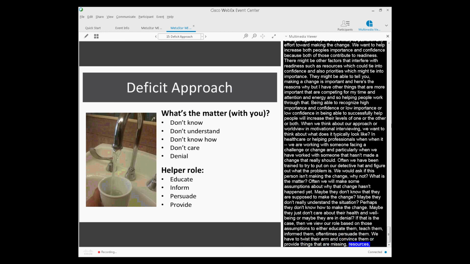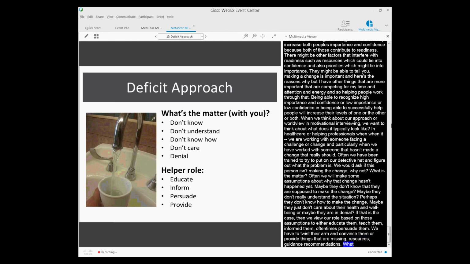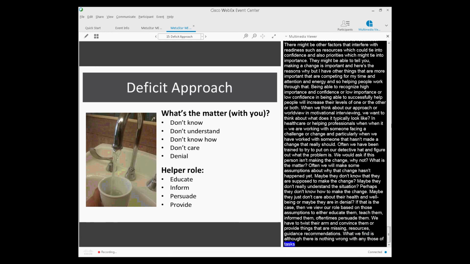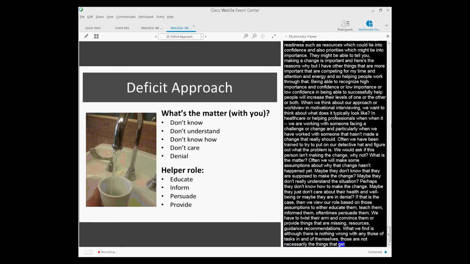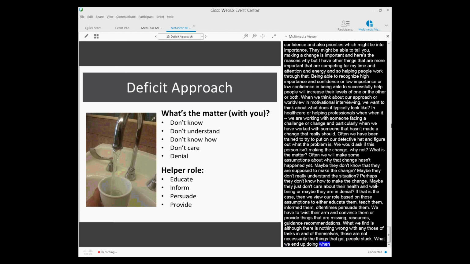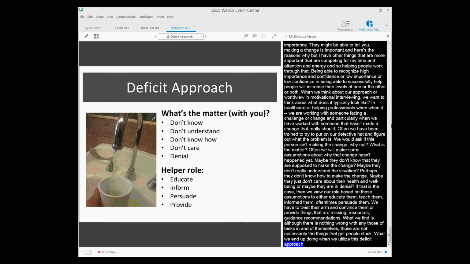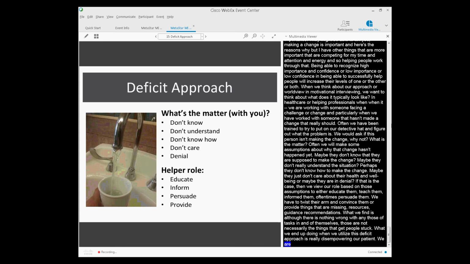And what we find is that although there's nothing wrong with any of those tasks in and of themselves, those aren't necessarily the things that get people stuck. What we end up doing when we utilize this deficit approach is really disempowering our patients. We're teaching them that whatever's missing, we're the supplier of it.